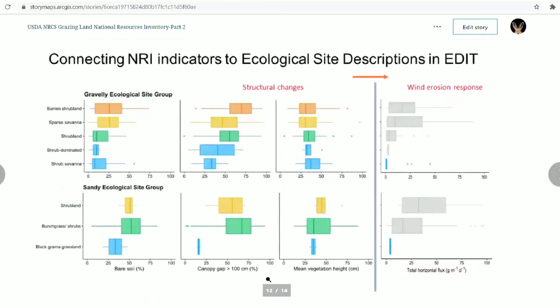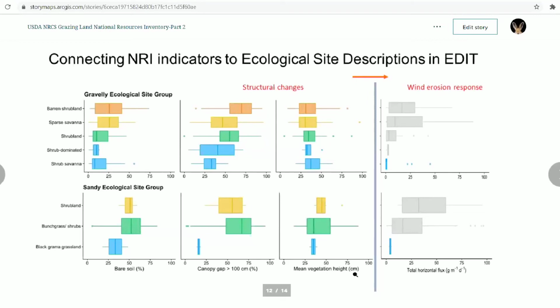The graphs here show a selection of NRI indicators for two ecological sites in Major Land Resource Area 42, and the modeled wind erosion responses and how they change to indicators across different ecological states.